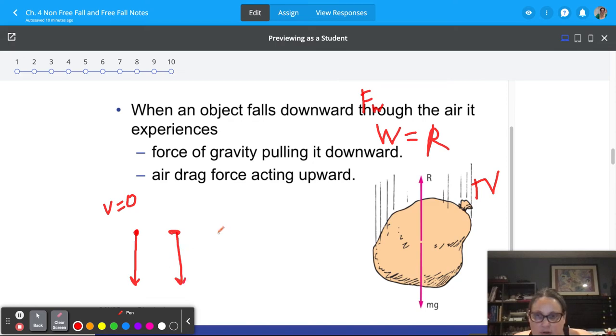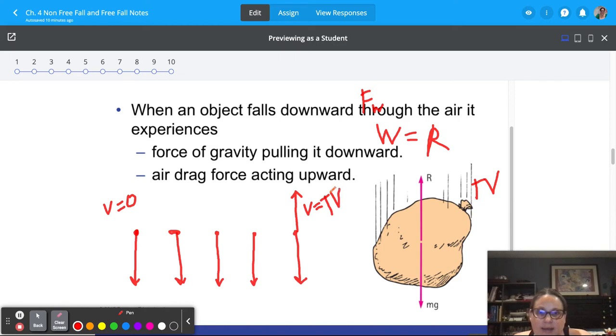It's kind of hard to draw with the mouse. Let me just draw all these first here. I need a couple more. One more. Okay, so this is 0 velocity. And then the last one, when the air resistance and the weight are equal, then velocity equals terminal velocity.